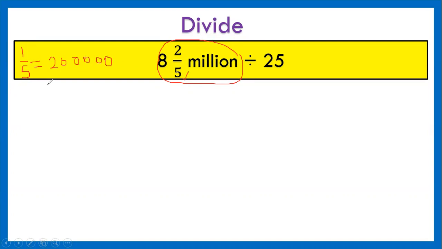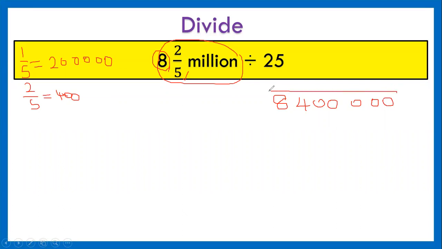So 2/5 million would be 400,000. But don't forget you have an 8 here. So this question can now be written down as 8,400,000 divided by 25. This is what needs to be done, a standard written method.